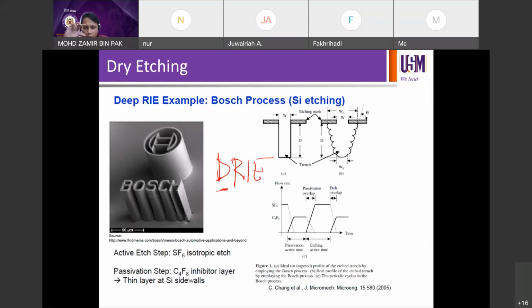What is the depth of the Bosch features? Can you estimate from the scale bar? How deep is that? Anyone? You can write it down. Look at the given scale bar in the picture, and then look at the depth of the Bosch features. Anyone? How deep is that?